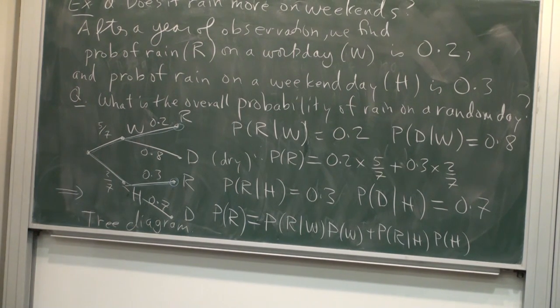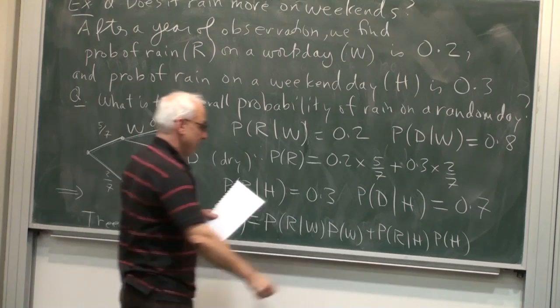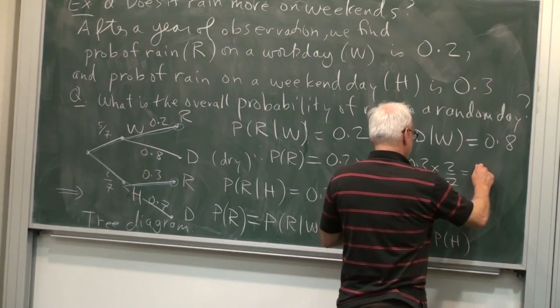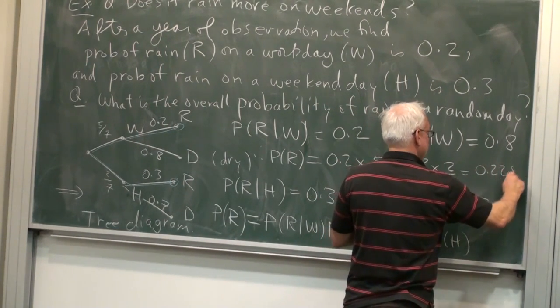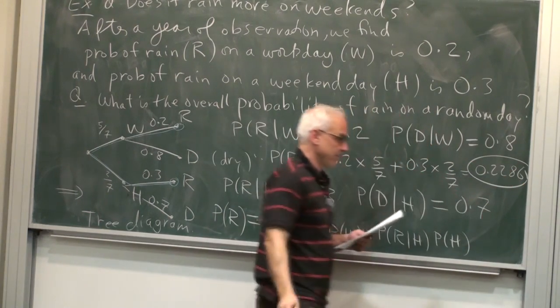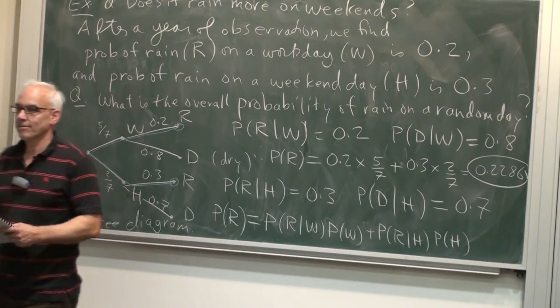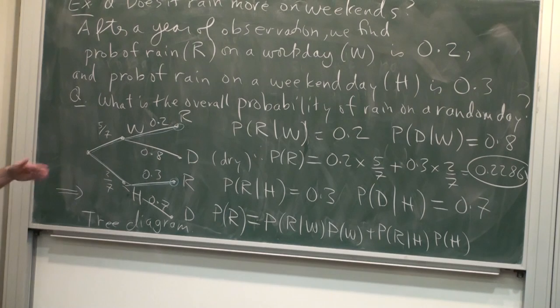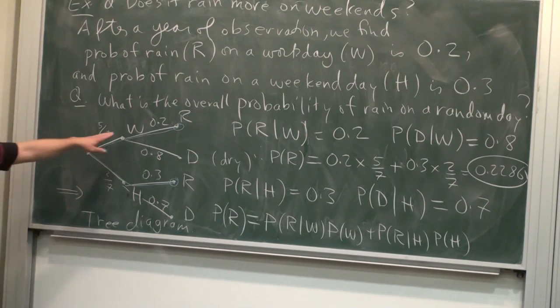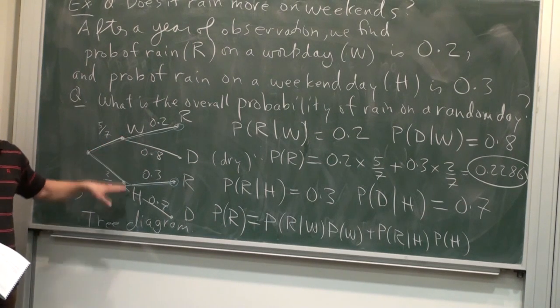And when we work that out, we get 0.2286. Somewhere between 0.2 and 0.3. A little bit closer to 0.2 because there's more work days than there are home days.